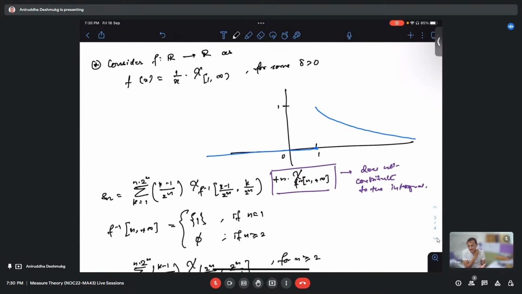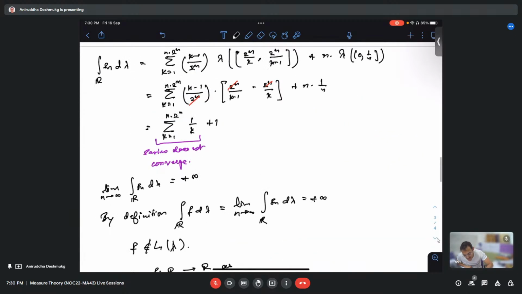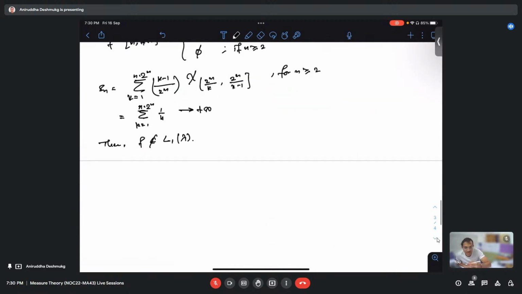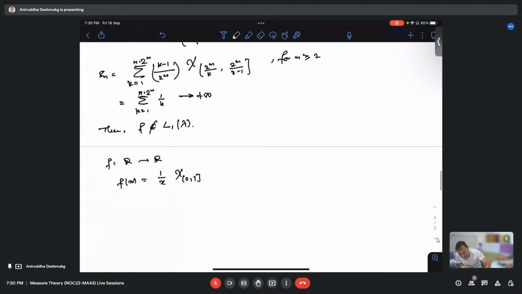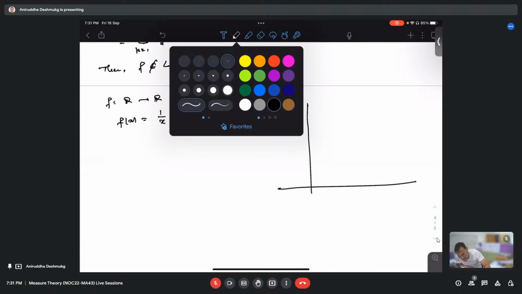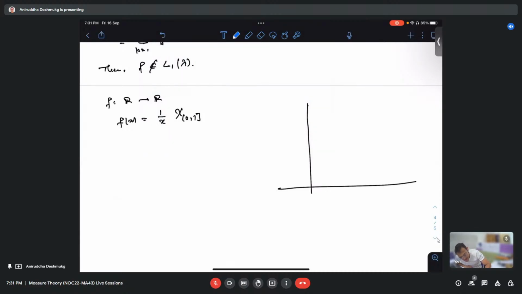Okay. So usually what we say is that, and one can also check what happens if we remove the other part. So for example, if we consider this function, f(x) is equal to 1 over x chi of open 0 closed 1. That means we have something like this. So at 1 and then this.